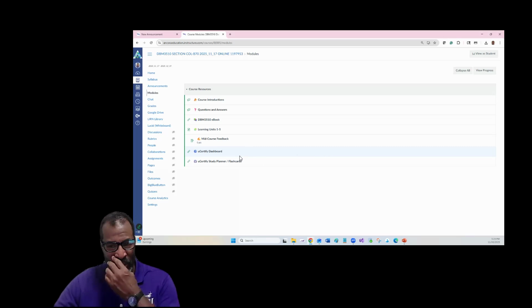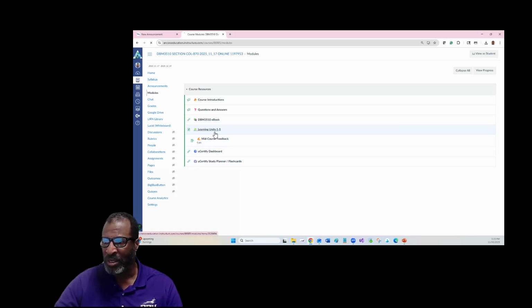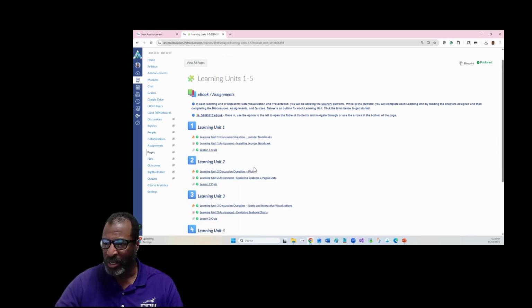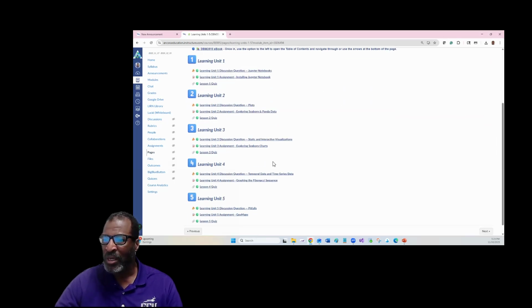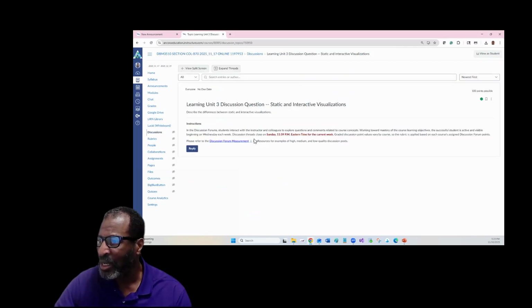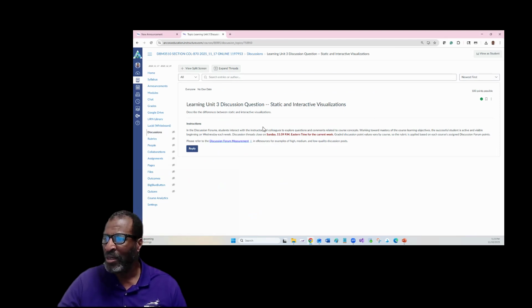So one thing I do want to remind you of, as we look at the modules again, Learning Unit 3, as far as the discussion question, we're going to look at static and interactive visualizations. Very important topic. You're going to describe the differences between the two. Static, you could probably figure that out: static visualization, static data, etc. Interactive data.